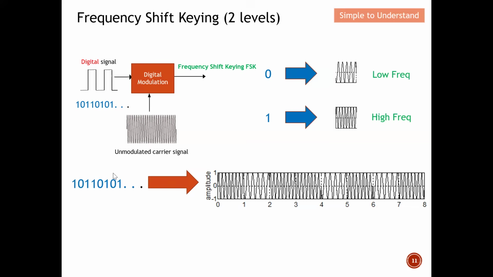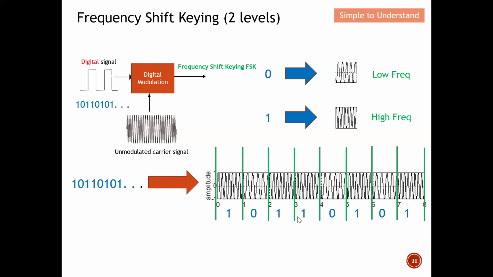Under this frequency shift keying, note this is actually 2 level, which means that it is either 0 or 1. This is the original message here. A higher frequency is message 1, and a lower frequency is 0. Higher is 1, lower is 0, higher 1, lower 0, and again this is higher frequency 1.